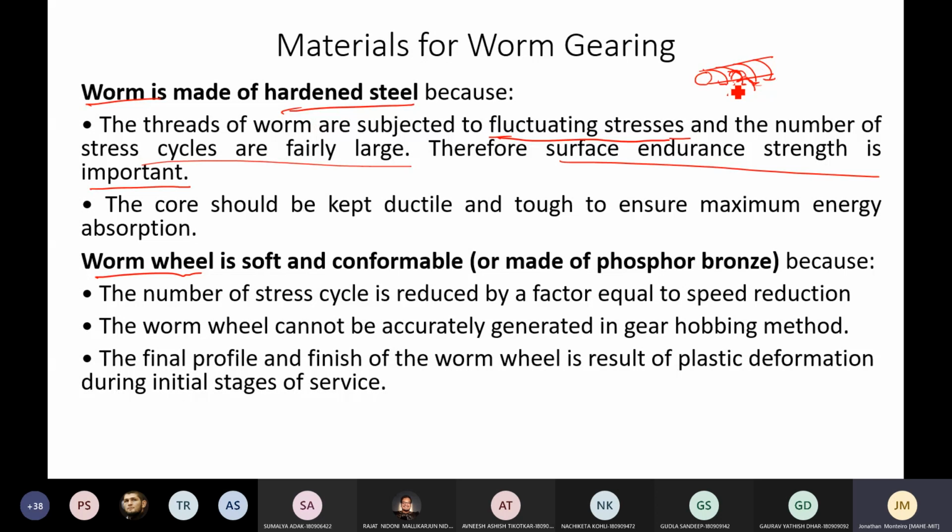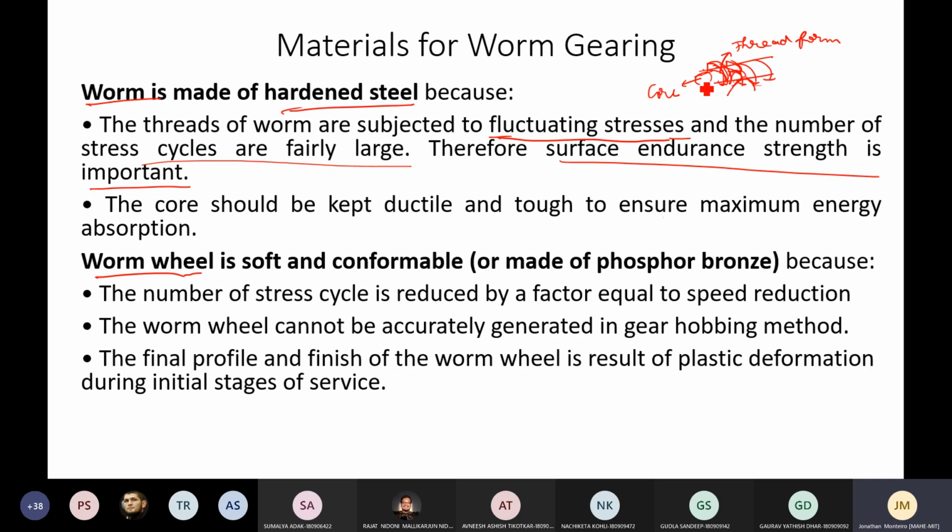And there are two parts actually, if you look at it from that perspective, that there is a core. Okay, there is a core here, and this is a thread form. Correct. So you can imagine that there is a core, and on which the forms are, that is the threads are grooved over here or added over here. So because of this thread form, the core should be kept ductile and tough to ensure maximum energy absorption.